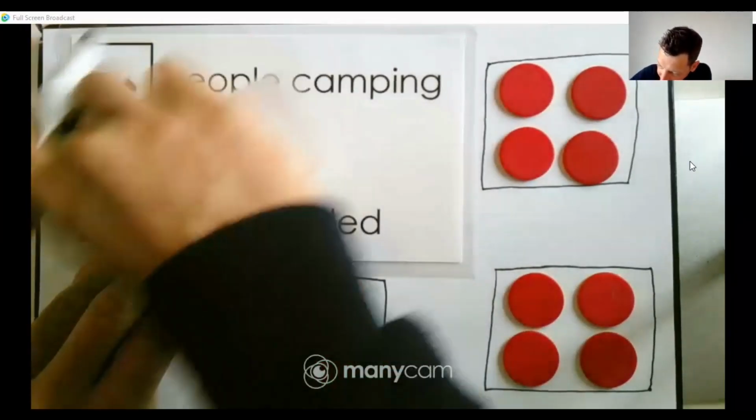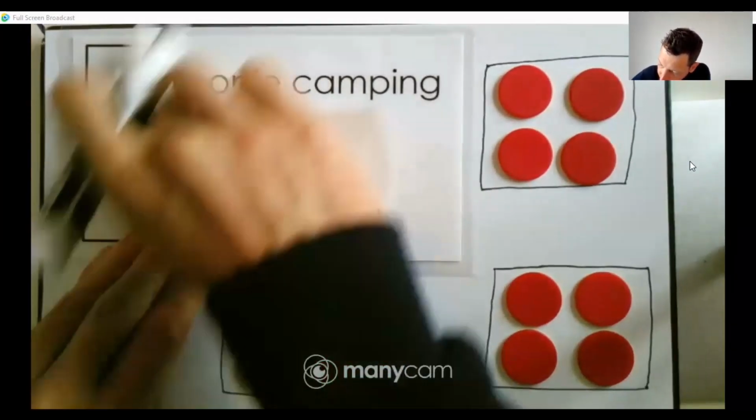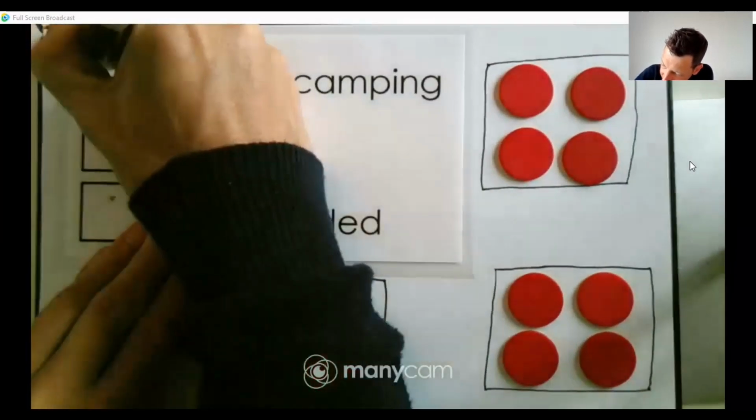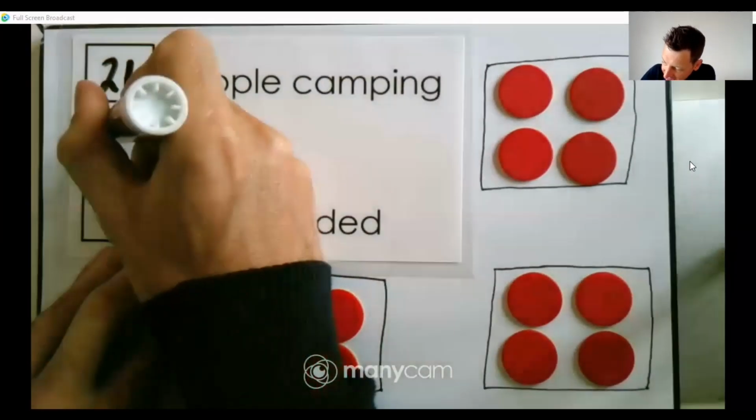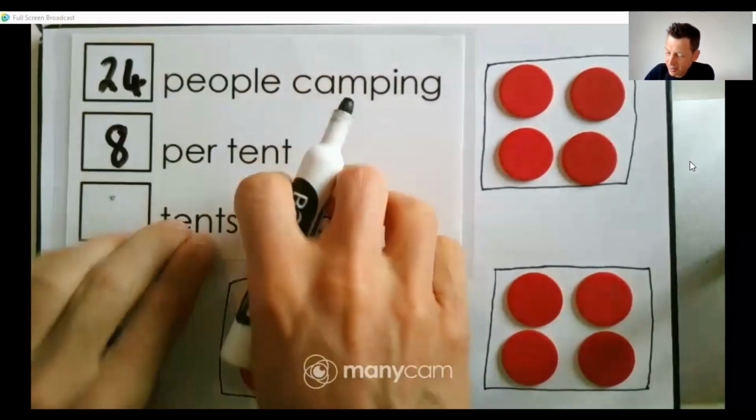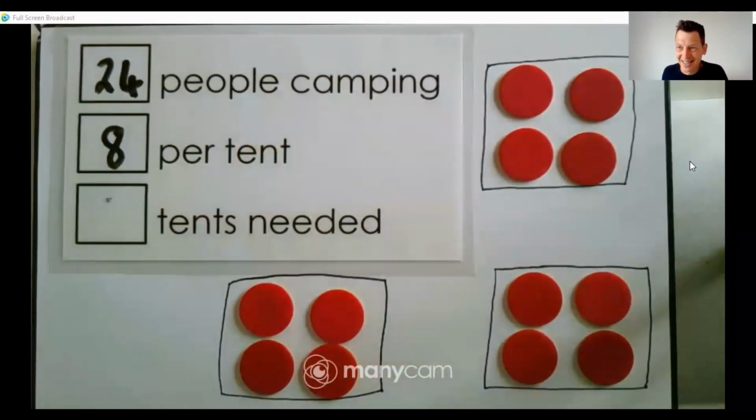There were, wow, he's got a lot of friends, 24 people camping, and we actually had 8 per tent, so they were big tents. How many tents were needed? And so we're exploring the difference between 12 people camping, 4 per tent, and 24 people camping, 8 per tent. And of course, we'll see it's actually the same number of tents in the end, but using that little variation to explore those big mathematical ideas.